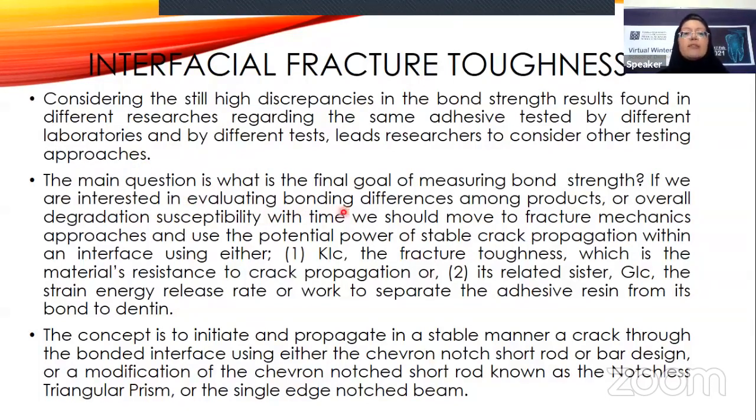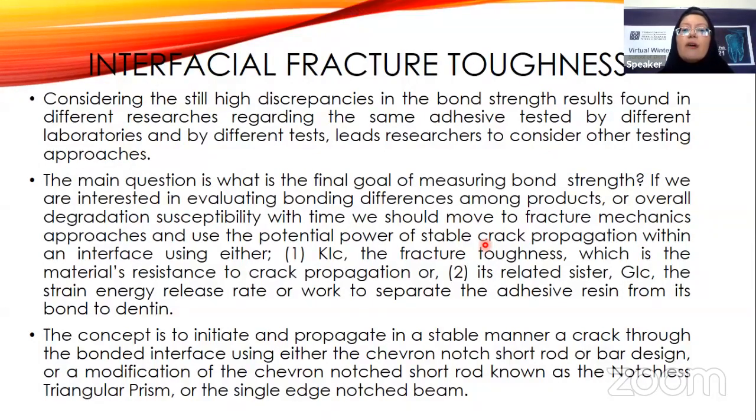The main question is, what's the final goal of measuring bonding strength? If you are interested in evaluating bonding differences among the products, we have to move to the fracture mechanics approach and measure the power of a stable crack propagation via K1C, which shows us the resistance of a material to crack propagation, or via G1C, which is the work needed to separate the adhesive resin from its bond to the substrate.